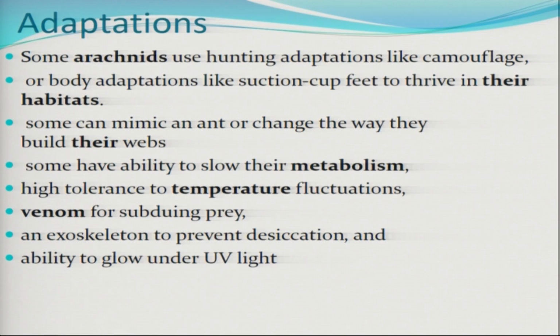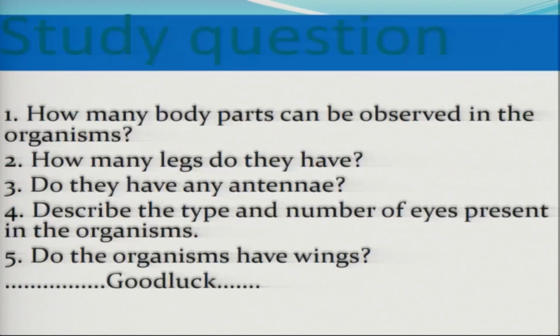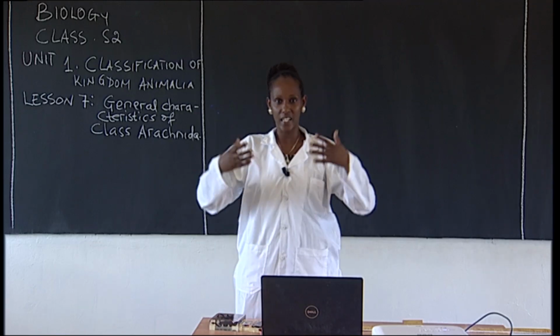Metabolism: they can slow down their metabolic reactions, all right? They have this venom. The venom is to neutralize their prey, all right? So those are some of the adaptations that the arachnida have got.